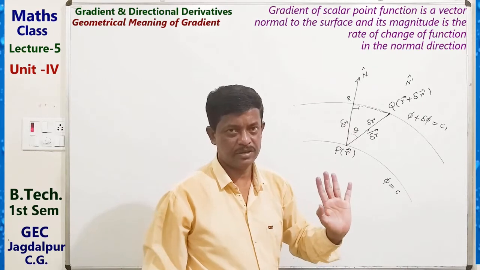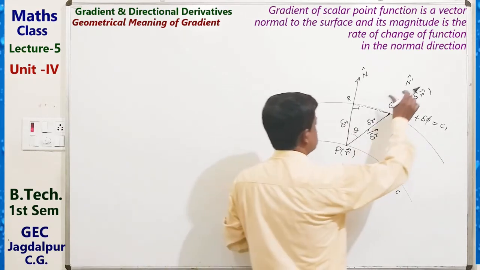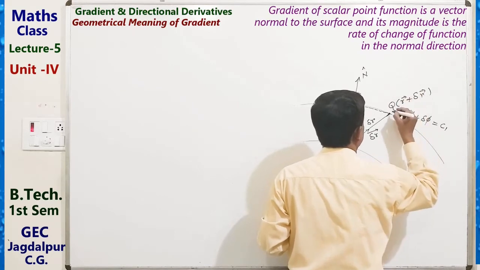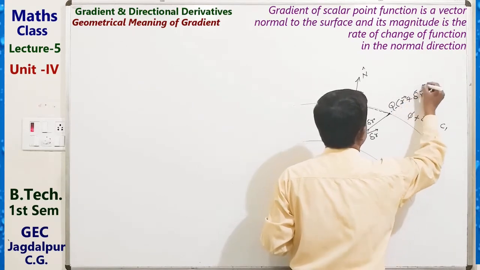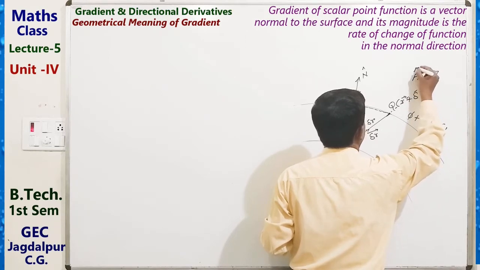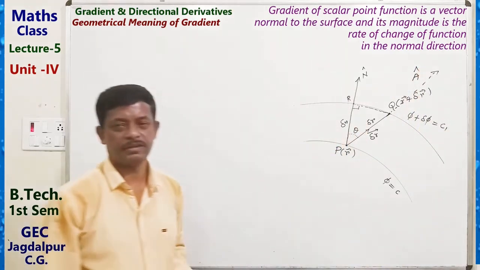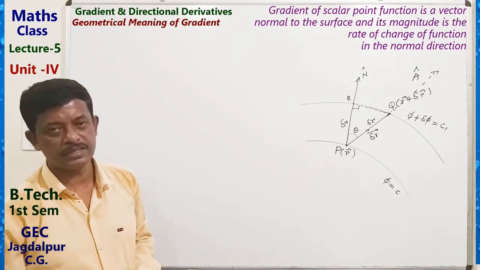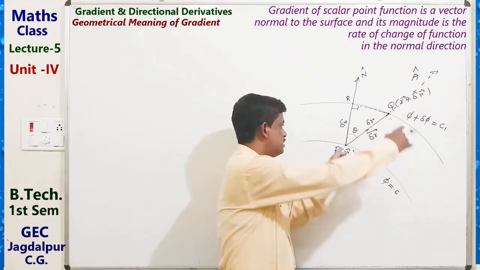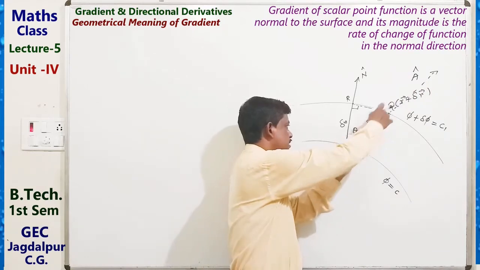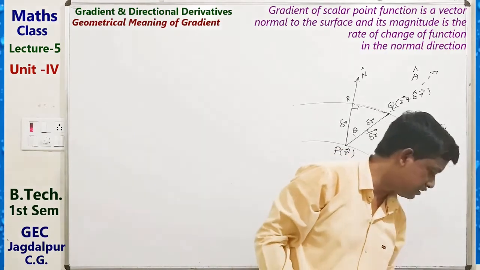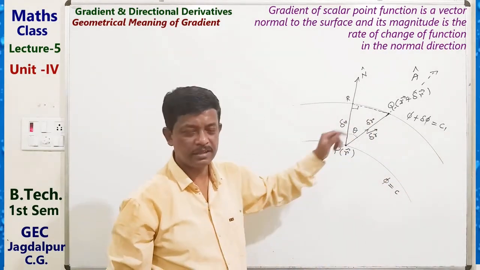this is a given direction. Suppose this direction is a cap. In this direction, unit vector is a cap. Now in this direction, suppose this is the length delta r. Delta r is the distance.